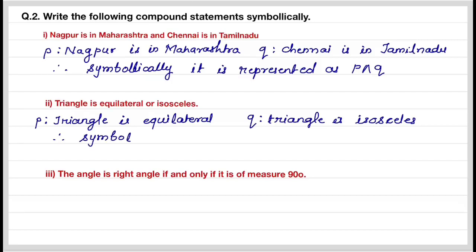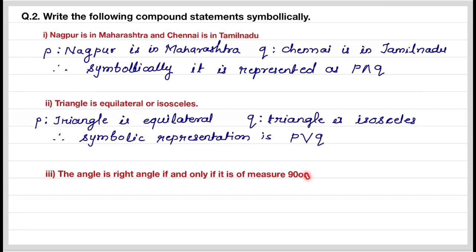Therefore, symbolic representation is P or Q. Have you understood this? Try to understand method of solving example. If you understand the method, you can solve any number of examples. That means method is important to solve the example.